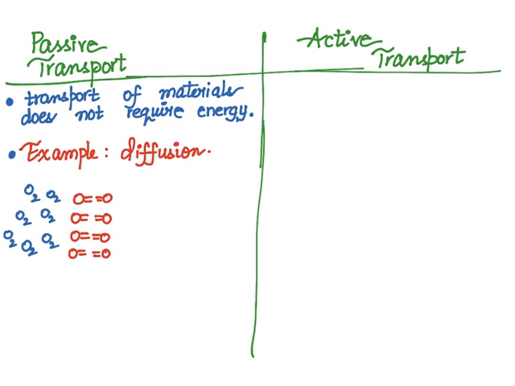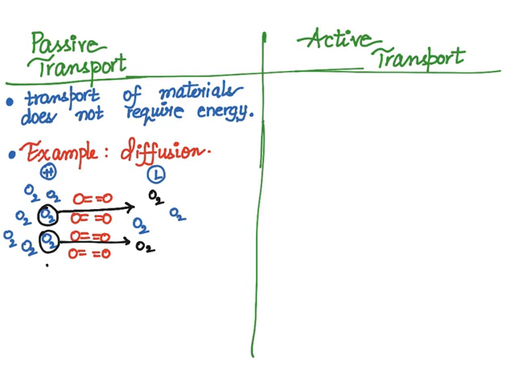We'll call this high and we'll call this low. Low means we maybe have just 2 oxygen molecules. So what will happen in a passive transport is the oxygen molecules will get transported from high concentration to a low concentration. So they can be transported here easily through the plasma membrane.